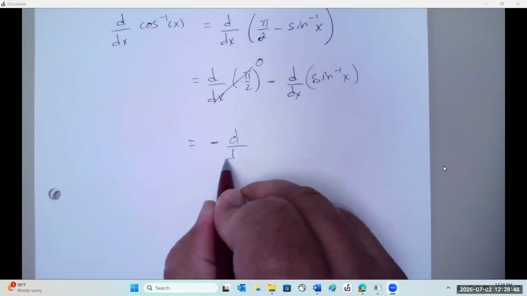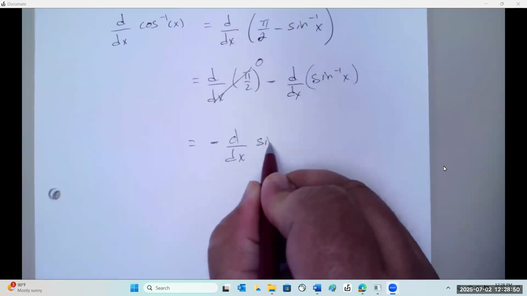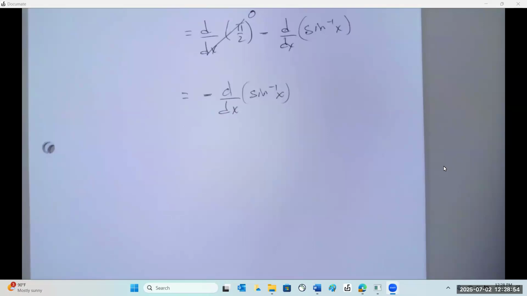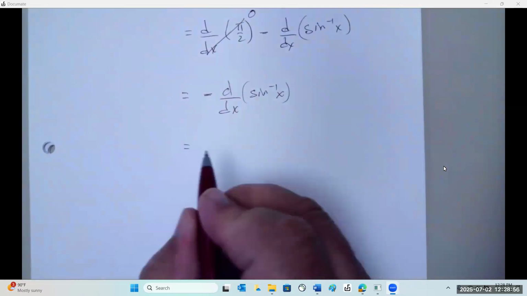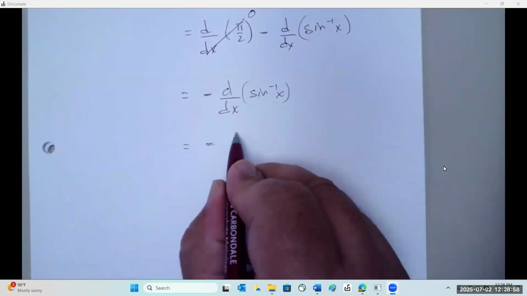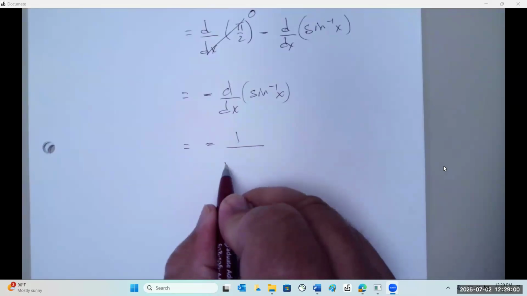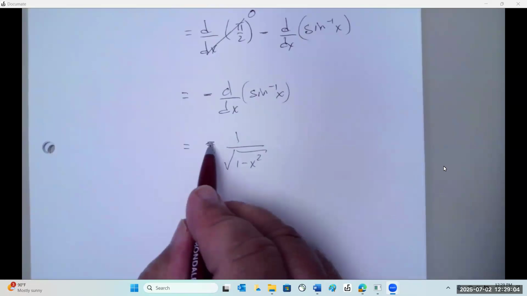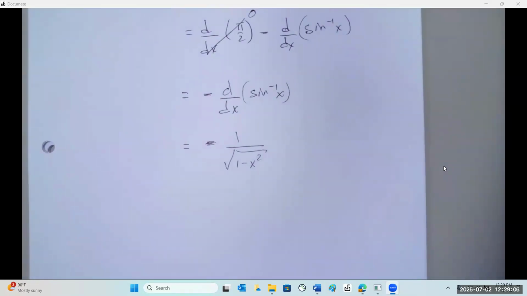Take the derivative of the other one. So what's the derivative of the inverse of sine? It was 1 over square root of 1 minus x squared. The negative out in front. Again, that's what we talked about earlier.